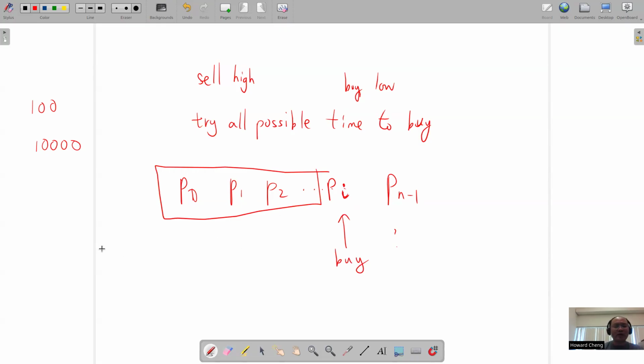So I want to know what is the max profit. No, actually I shouldn't use the word. It's the max price from day 0 to I minus 1 that I could sell.